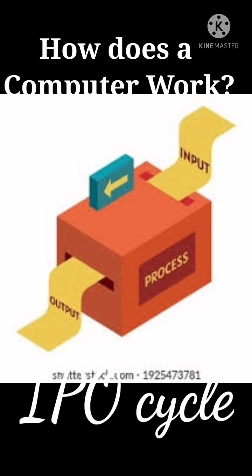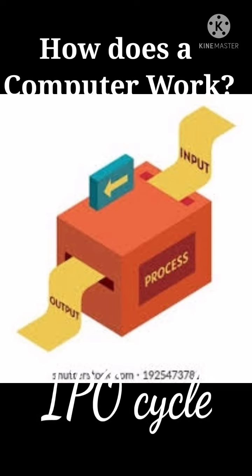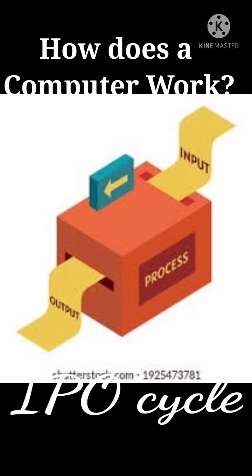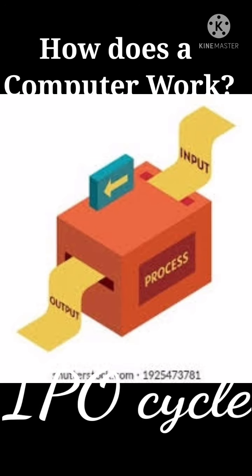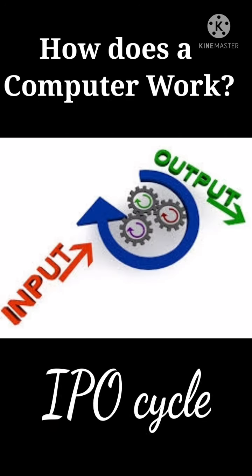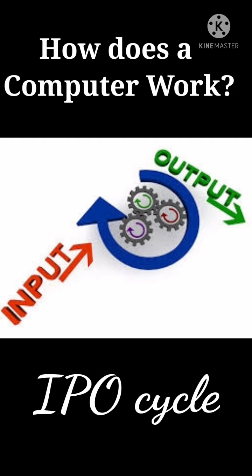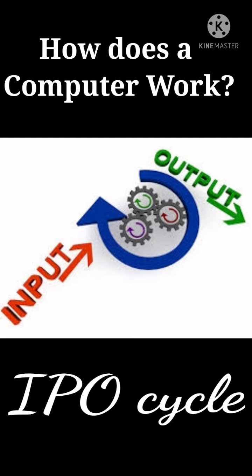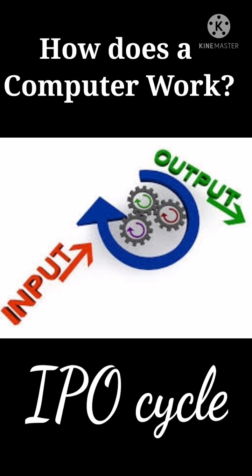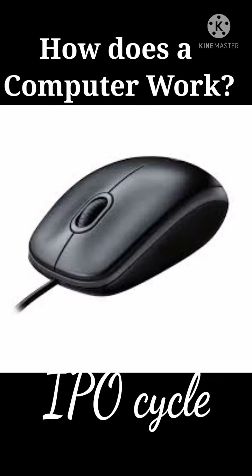This is a cycle of input, processing and output, also known as the IPO cycle. It's also followed by computers. Let's understand this process in detail. Input. The instructions that we feed into the computer are called input.